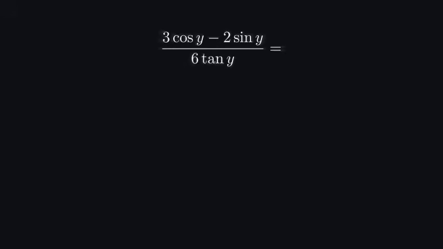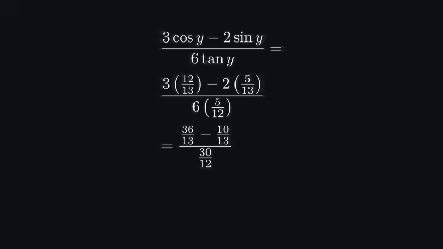So 3 cosine of y minus 2 sine of y over 6 tan of y equals 36 over 13 minus 10 over 13, over 30 over 12.